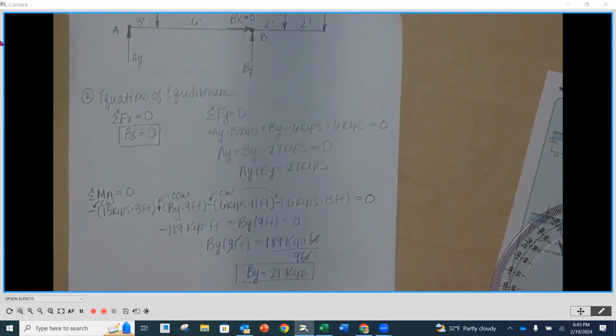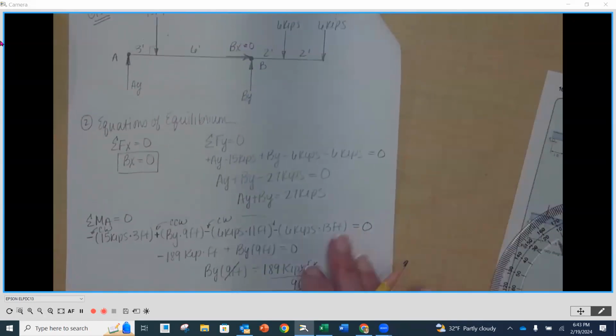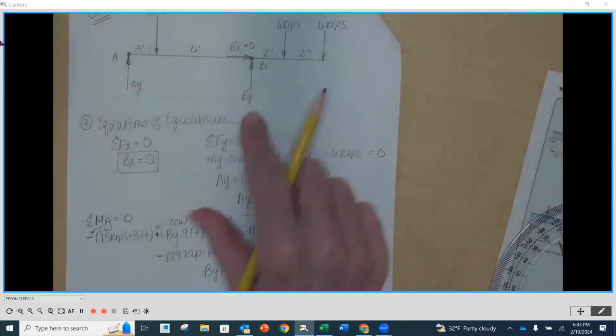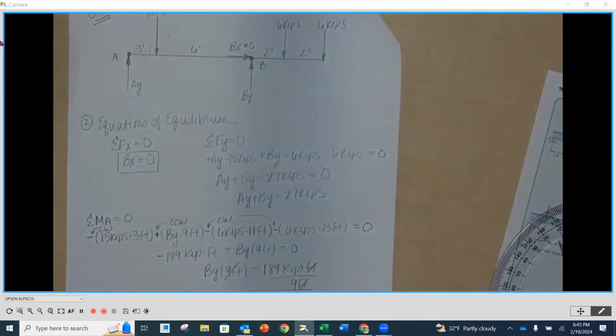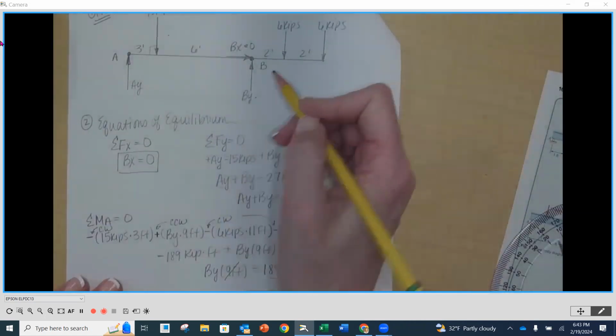You should get BY equal to 21 kips. We ended up with a positive value, no lingering negative. So that means that our BY's direction is confirmed. Okay. So that one's done, right?